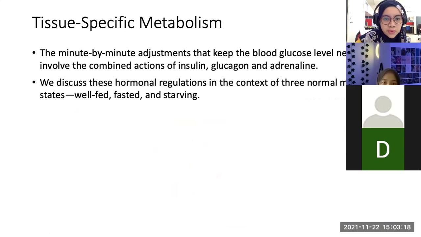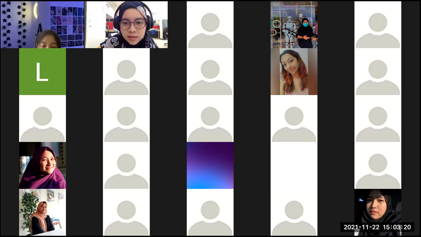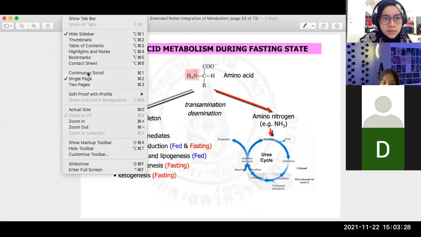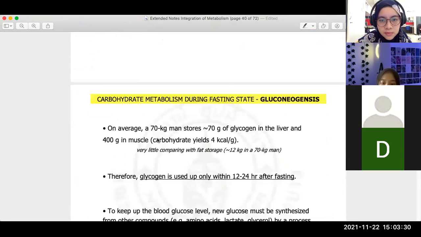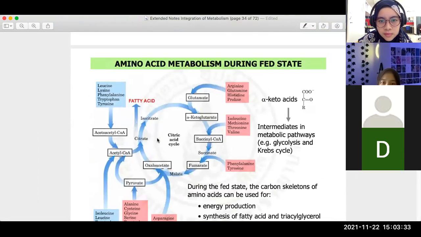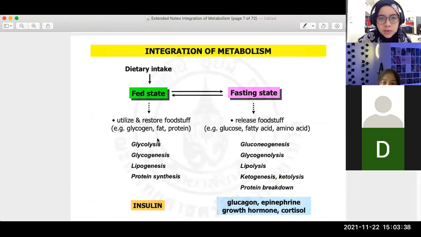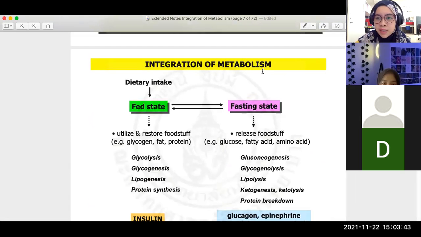So if you go back to the extended notes earlier, remember, to understand how these metabolic reactions take place in our body and regulate each other, we have observed three conditions: the fed state, fasting state, and prolonged starvation.